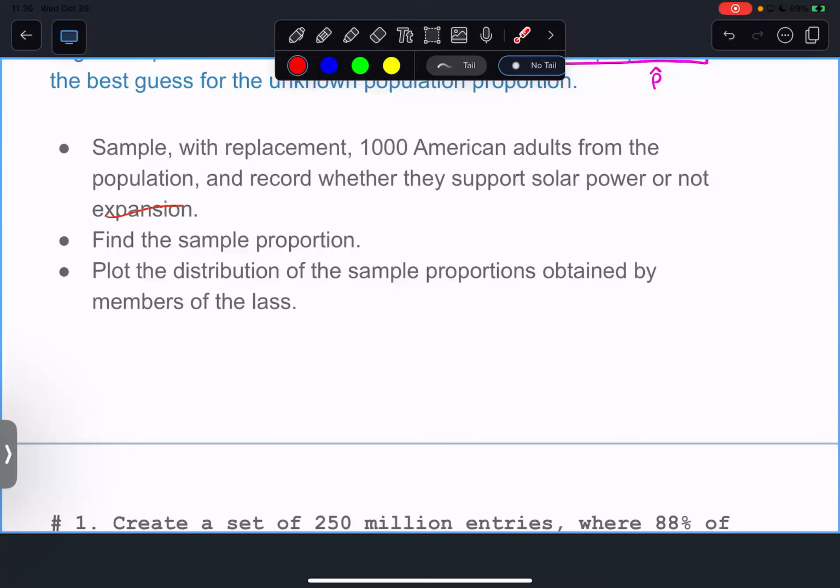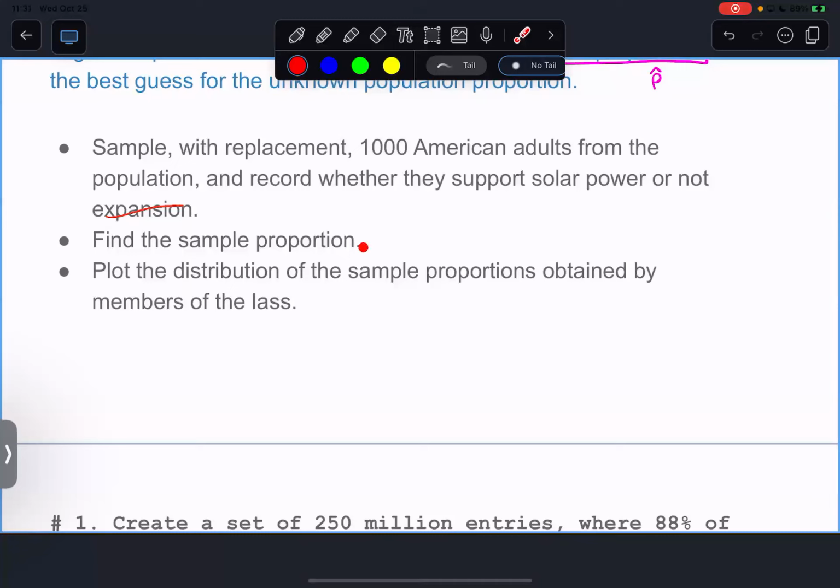Then you'll each have your own sample, which means that you can find some proportion. 800 out of 1,000 were in favor of the solar power expansion, 810 out of 1,000. You each have 1,000, so you've got these different sample proportions that are in support of the expansion.